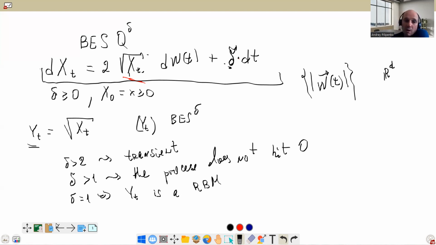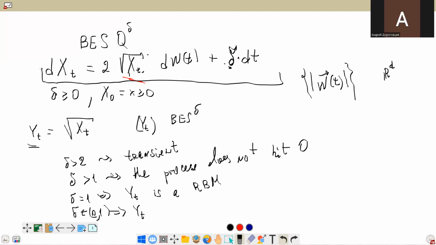And if delta is between 0 and 1, then y of t is not a semi-martingale.